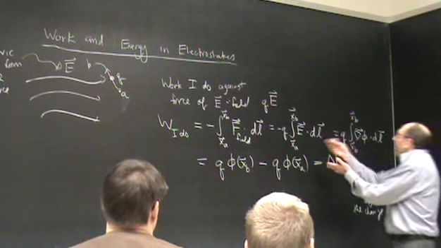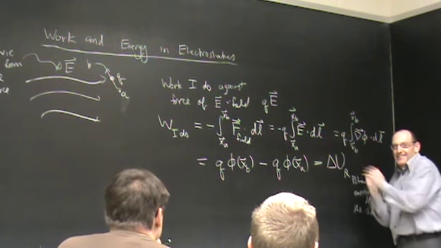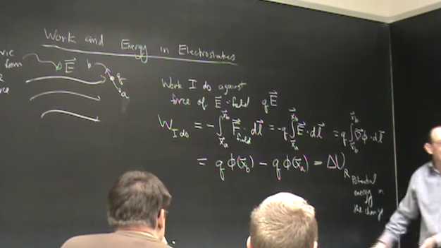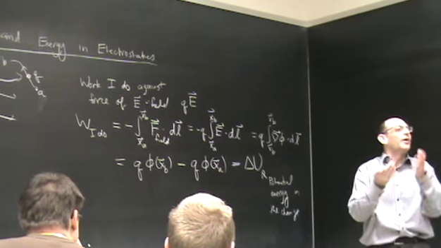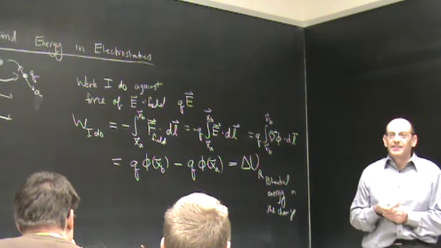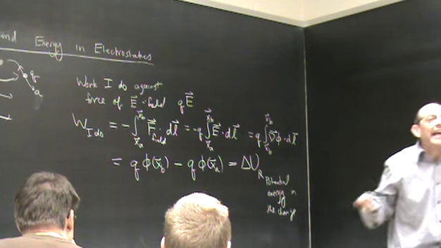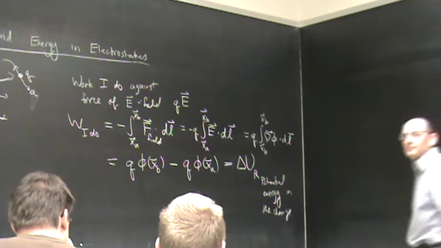So that's why we define this as minus the gradient, because we want the potential energy to be positive when I do work against the force. That's where that minus the gradient comes from.